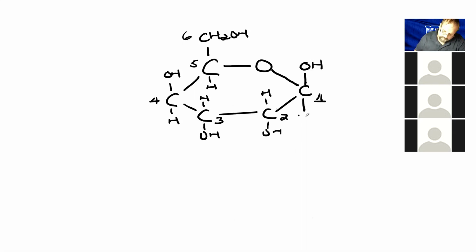And the reason why you have these two structures is that just like you cannot rotate around the carbons in a double bond, you cannot rotate around the carbons in a ring.